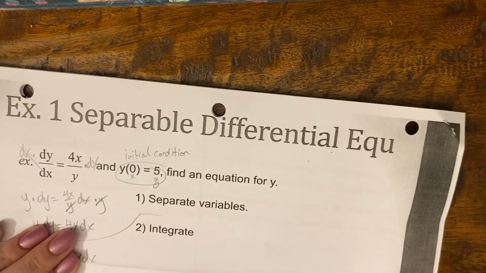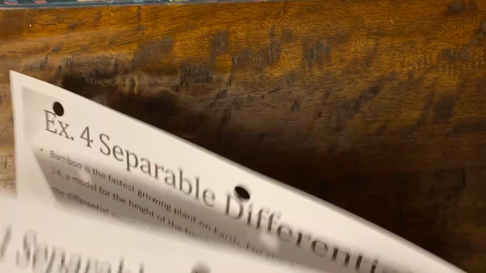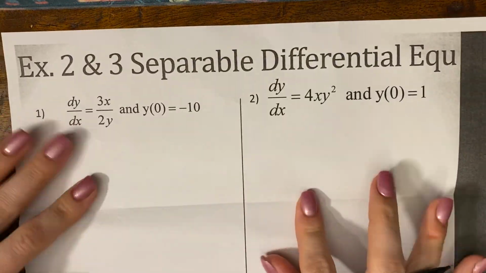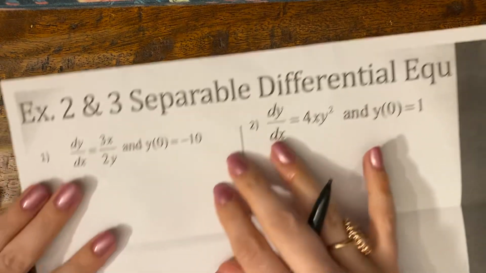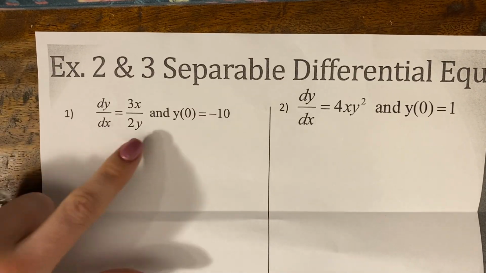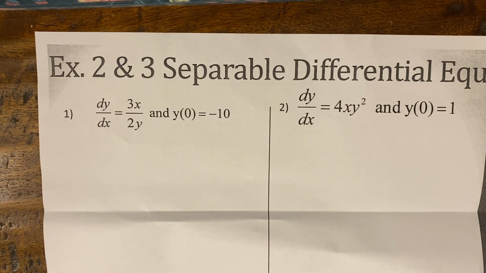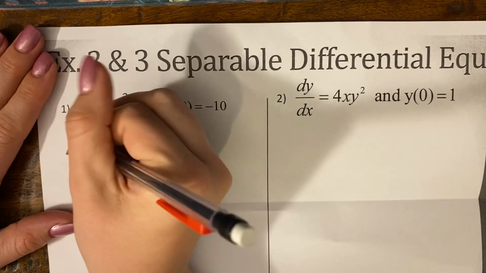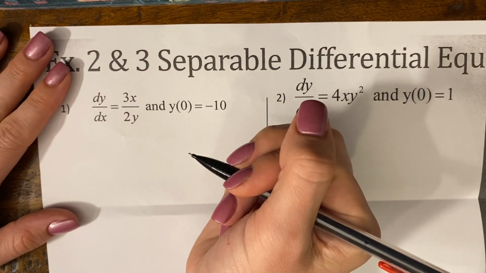Let's move on to example 2 with separable differential equations. This is pretty similar, just a little bit of a fraction mix up. So step 1 is to separate the variables. I'm going to list the steps on this side.